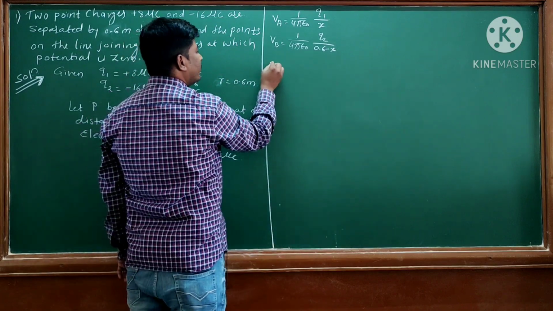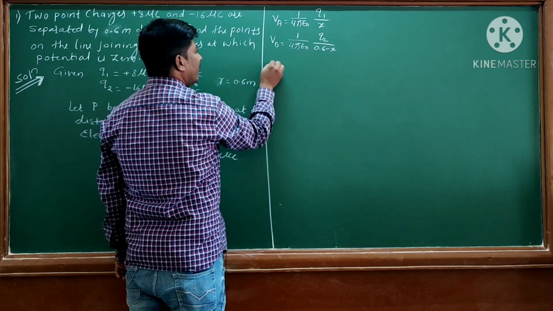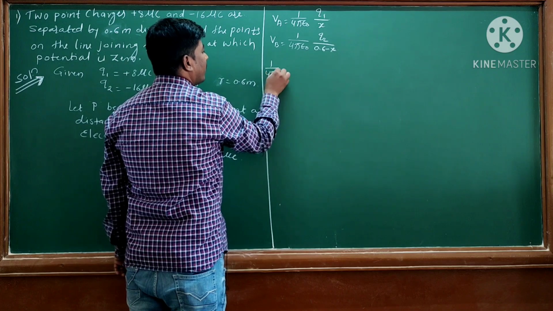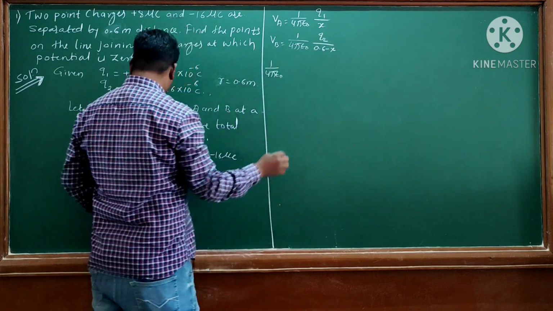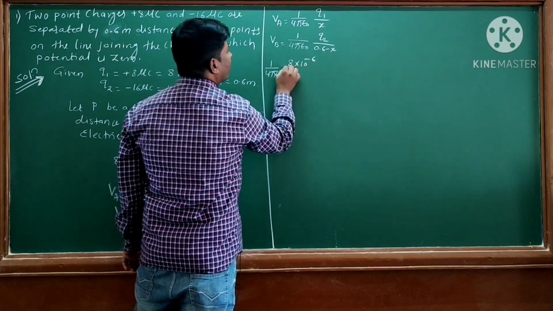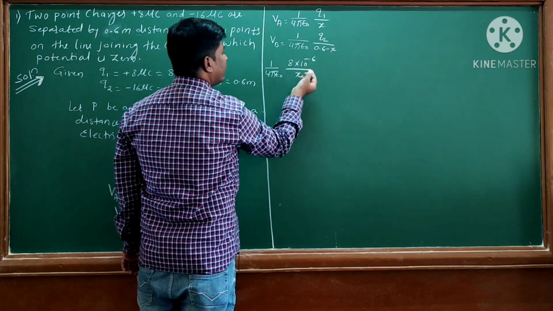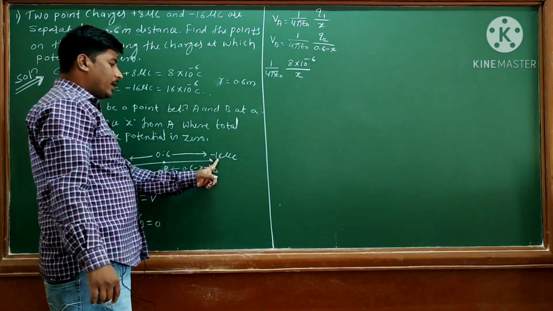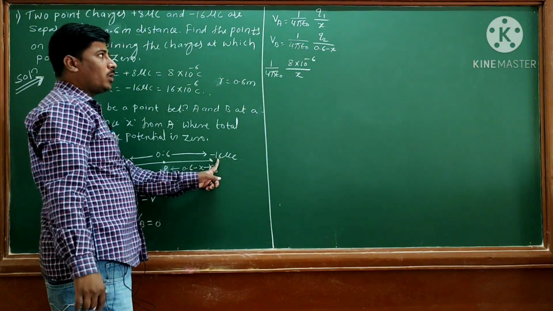So we will substitute the values VA plus VB. So it is 1 by 4 pi epsilon naught q1. What is q1 here? It is 8 microcoulomb, that is 8 into 10 to the power minus 6 divided by x. Here we have minus 16 microcoulomb.